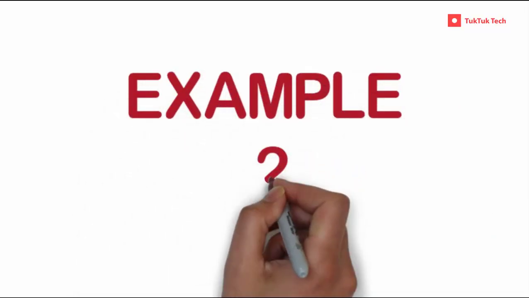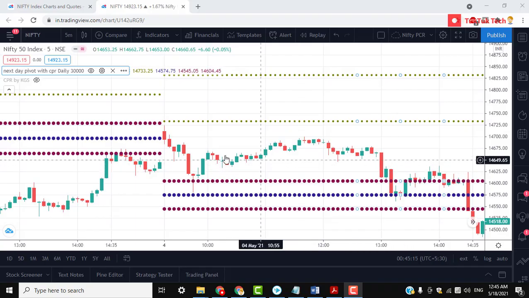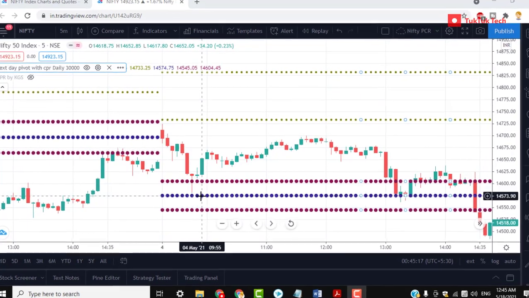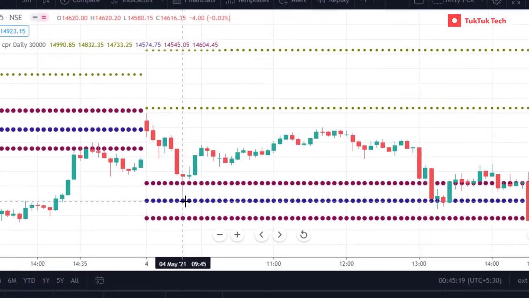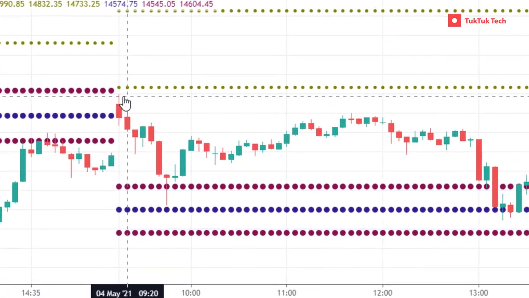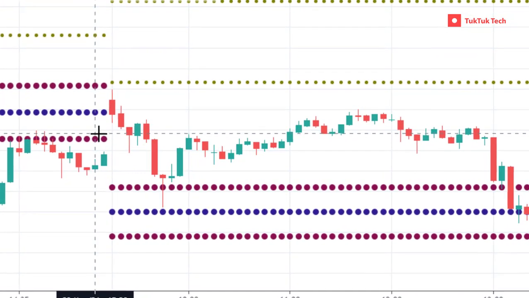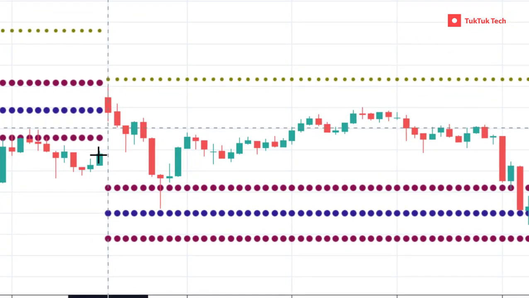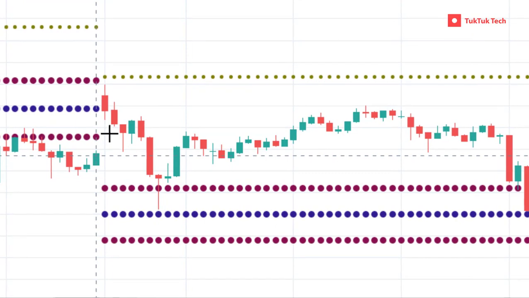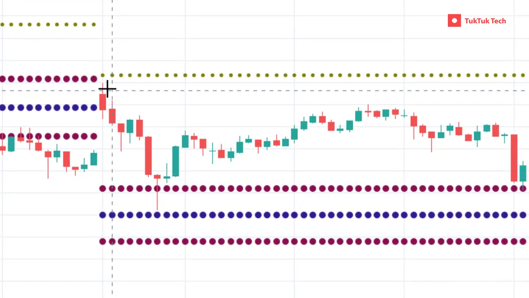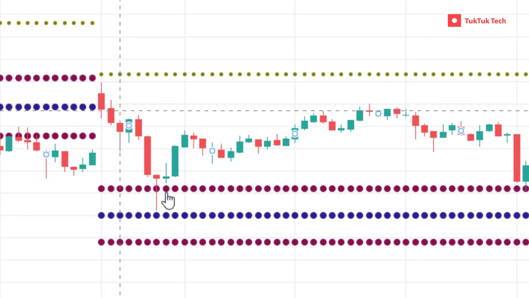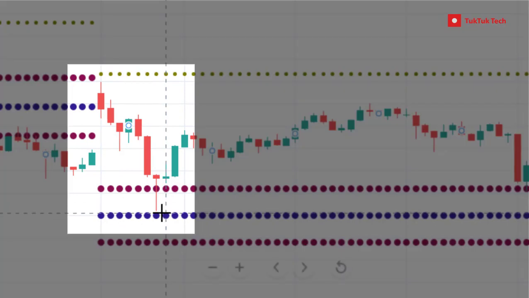Let's take a look at one more example. On 4th May, 2021, Nifty opened with a gap up. 5-minute opening candle closed below resistance 1 level, and the price dropped steadily to the central pivot range before finding support.